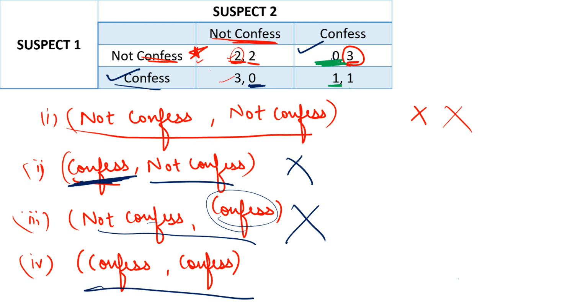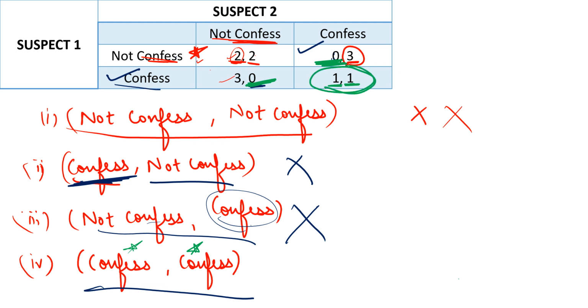Suspect 1 will obviously choose to confess. So if player 2 sticks to this, then player 1 will stick to this. Now let's see if the case is similar for suspect 2. If suspect 1 chooses to confess, then suspect 2 has two choices, either this or this. Whether suspect 2 will choose to confess or not confess? Any day, suspect 2 will choose to confess.